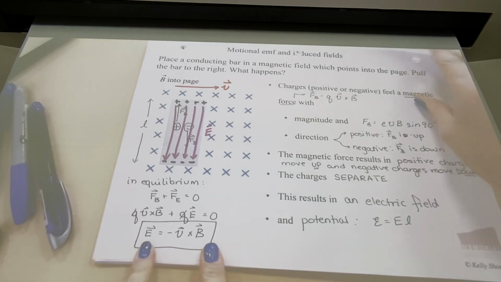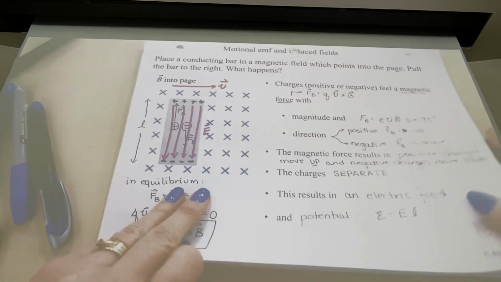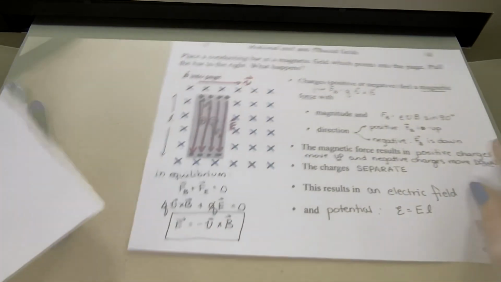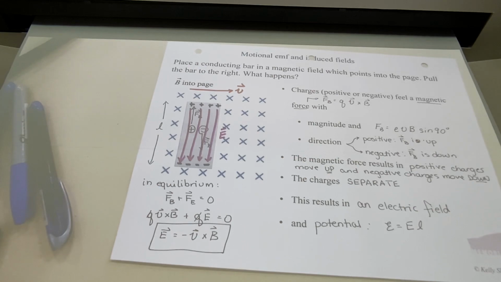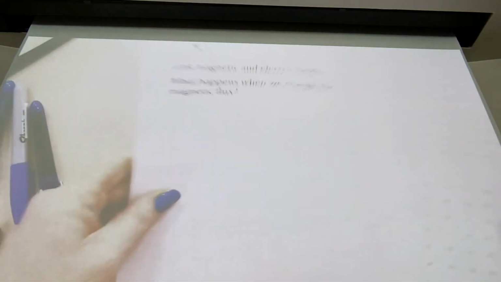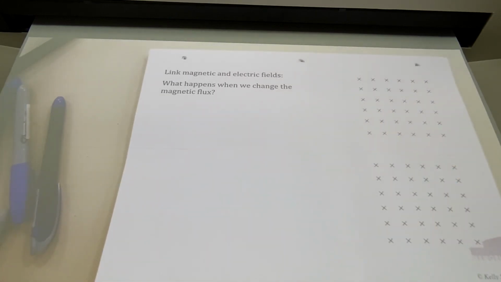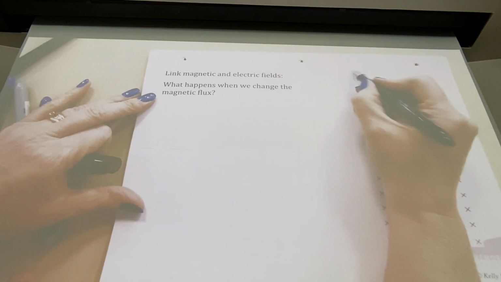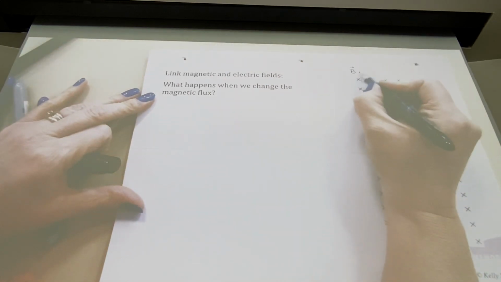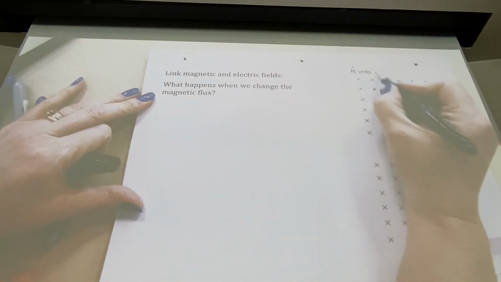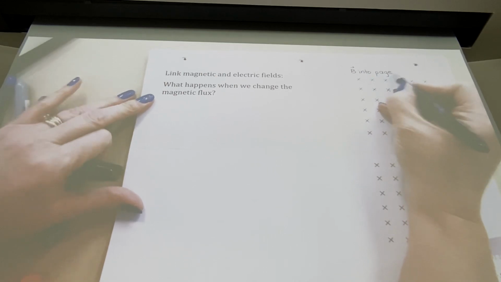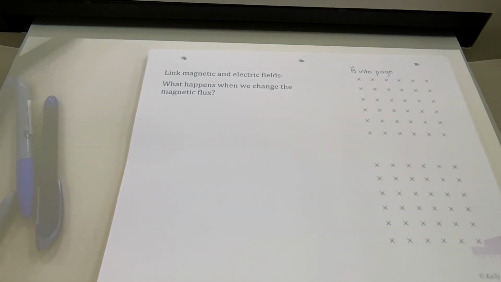So let's talk about the meaning of those induced fields. So let's have our setup. We've got a magnetic field that points into the page. Those are the X's. And we have a loop sitting in the field.